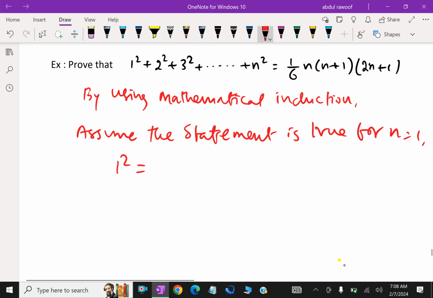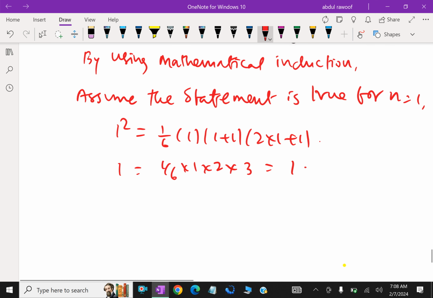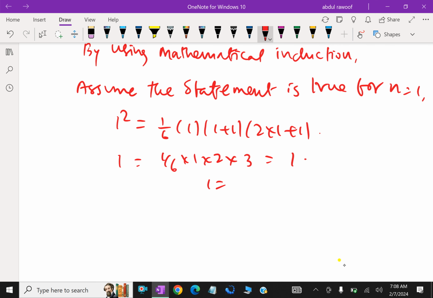So 1 square equals 1 over 6 into 1 into 1 plus 1 into 2 into 1 plus 1, which is 1 over 6 into 1 into 2 into 3, which is equal to 1. So 1 equals 1, true. That means the first statement is true.